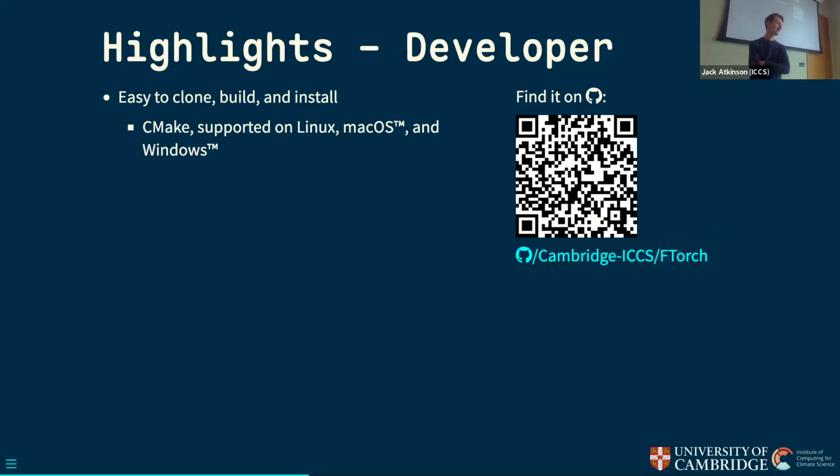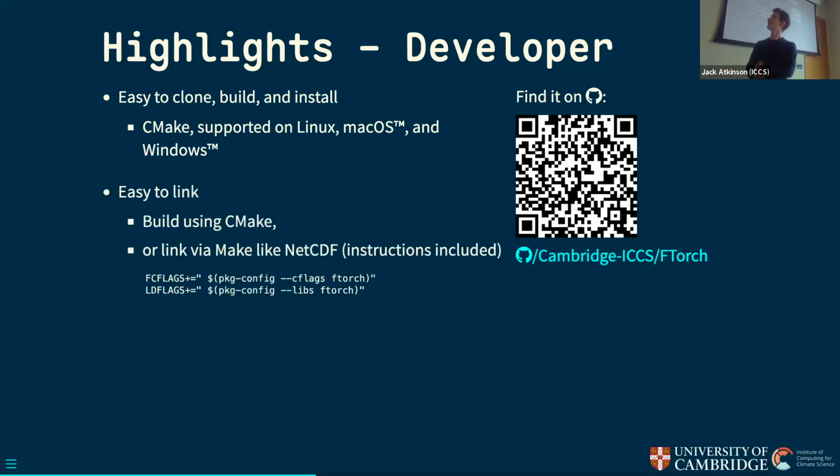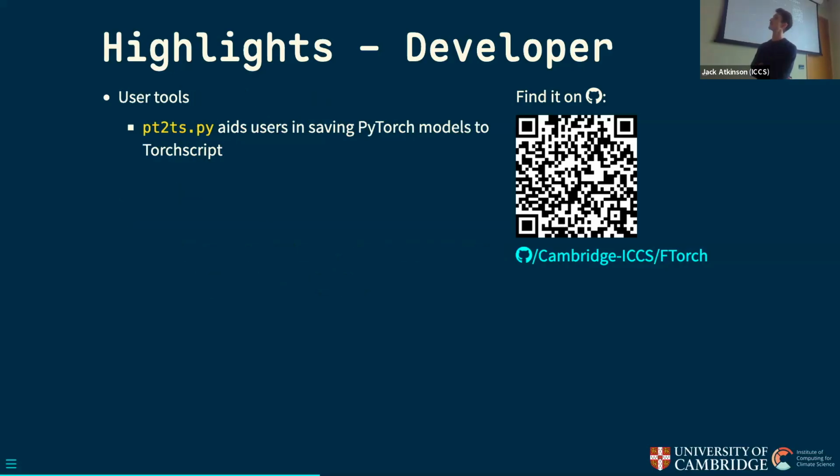One of which is with CMake, and this is supported on Linux, macOS, and Windows, and we're regularly testing all three of those. Easy to link, again, using CMake, or you can just use GNU Make, and the linker flags can be shown there. We've been investigating other packaging solutions as well recently, and hopefully there'll be something that we can report back on sometime soon.